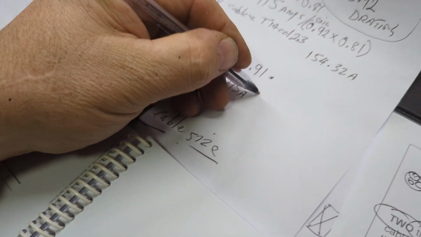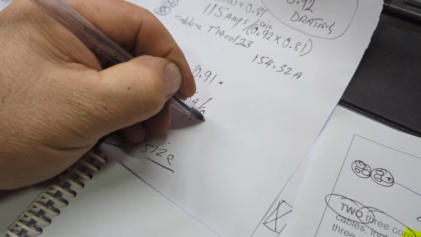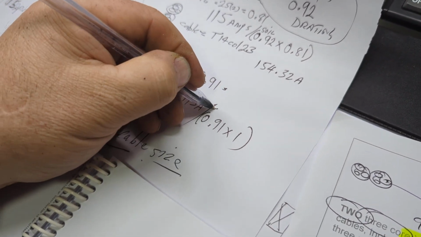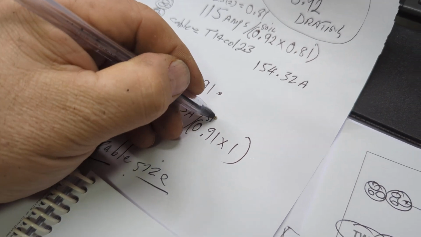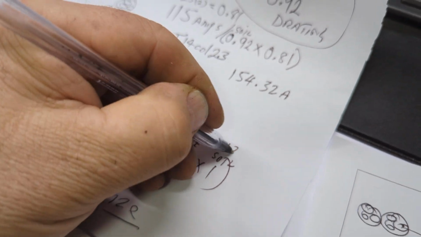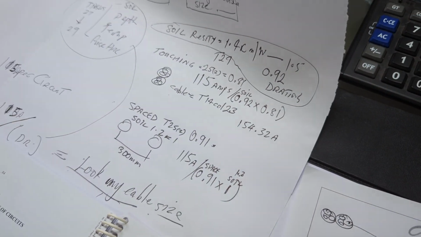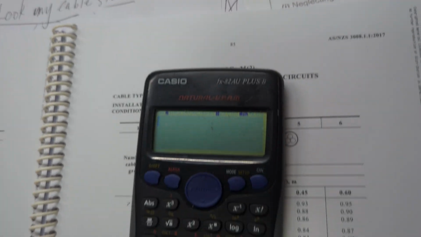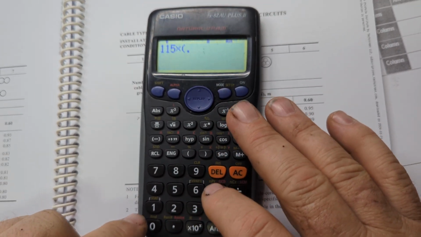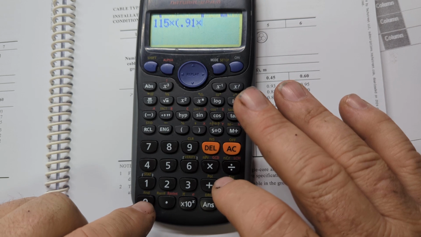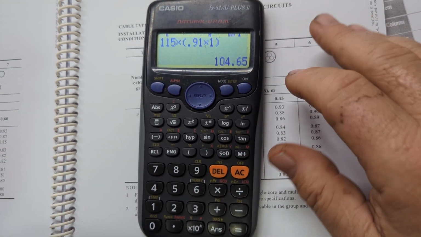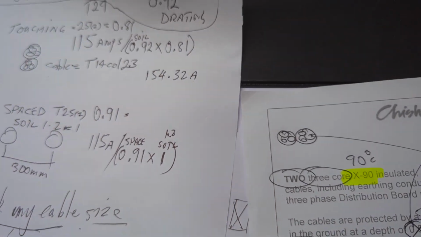Let's do this one. 115 amps divided by 0.91 times 1. That's my spaced, right? This is my soil, because 1.2 equals 1. So let's do that one. 115 times, open bracket, 0.91 times 1, close the bracket, equals 104. Whoops, did that wrong.